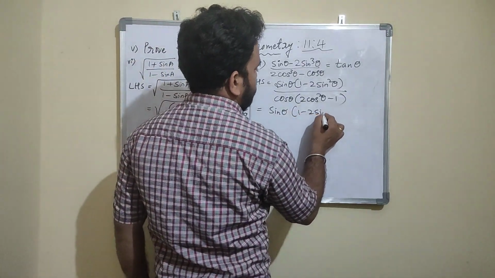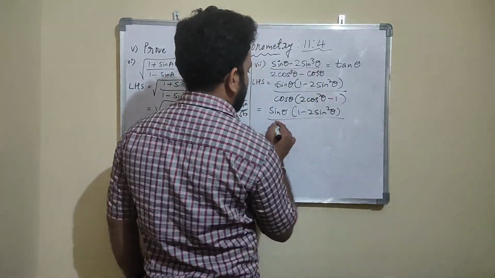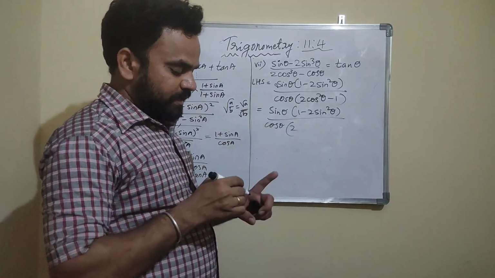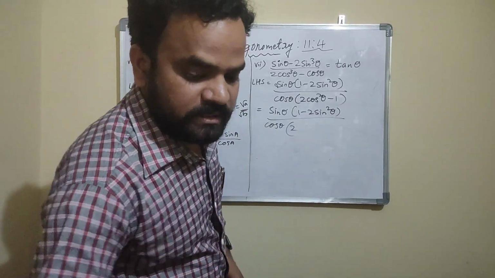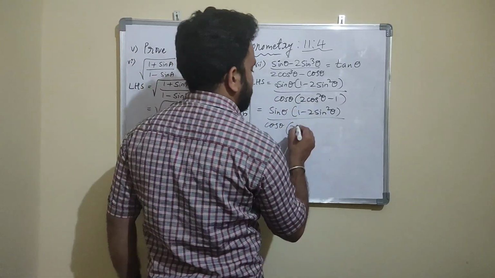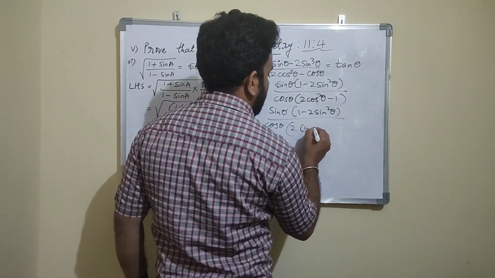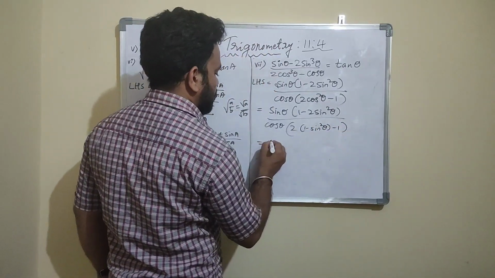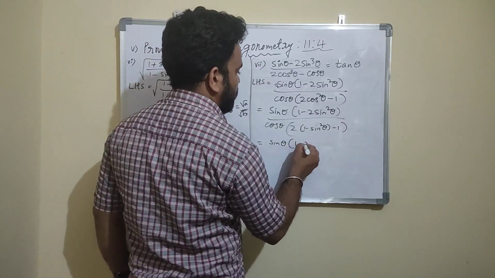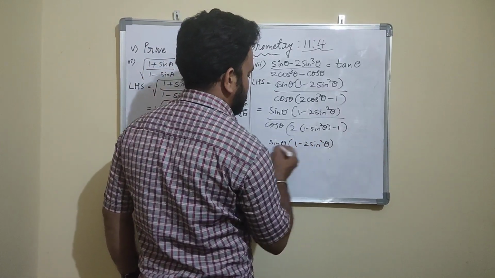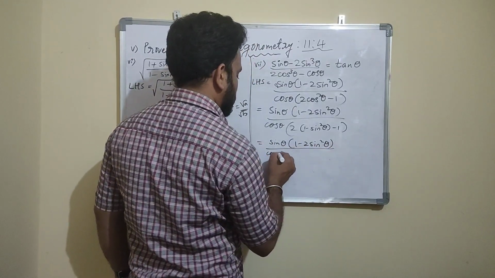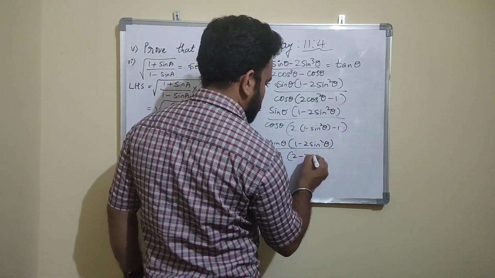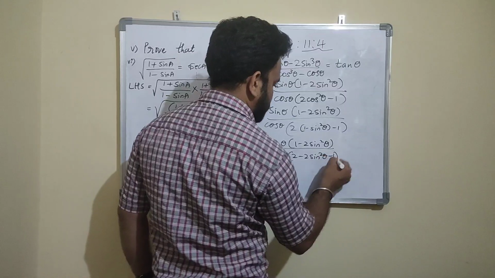1 minus 2 sin square theta divided by cos theta as it is. 2 cos square theta, 2 I will write as it is. From the first identity, what is the formula of cos square? The formula of cos square is 1 minus sin square theta. Now I will write this. Sin theta into (1 minus 2 sin square theta) divided by cos theta into 2 into (1 minus sin square theta) minus 1, that is 2 minus 2 sin square theta minus 1.